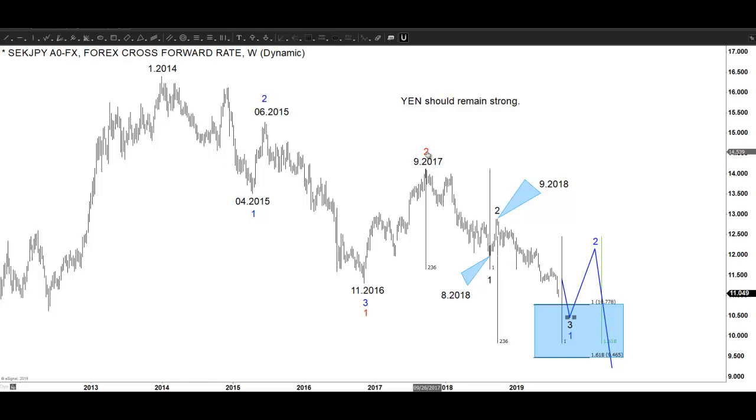Then we are trading now within the equivalent of this cycle. This cycle is this cycle; they are equivalent in degree. And now the market will enter a bounce in this degree, which is a blue 2 right here. So this blue 2 is equal to this blue 2. This blue 1 is the one that we traded, but the blue 1 also comes in a sequence as an ABC.